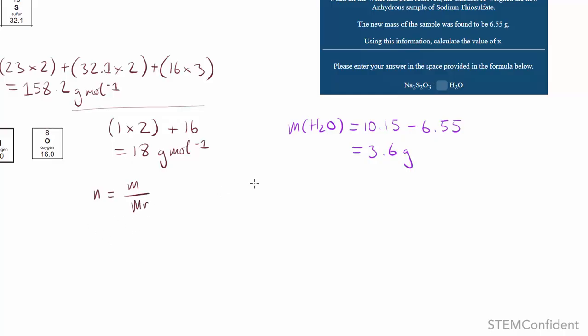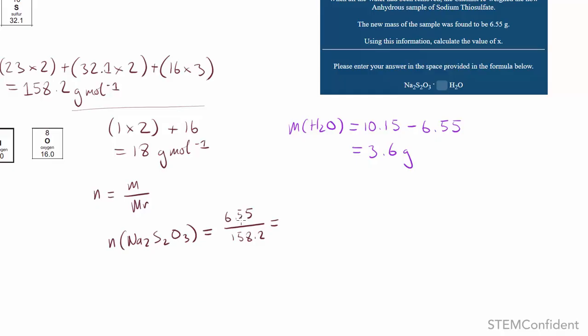So in the case of the sodium thiosulfate, the number of moles of Na₂S₂O₃ is going to be equal to the mass m, so 6.55, divided by the molar mass, which, as you know, is 158.2, right? Alright, so if you have a go at working that out, you should find the number of moles for this.